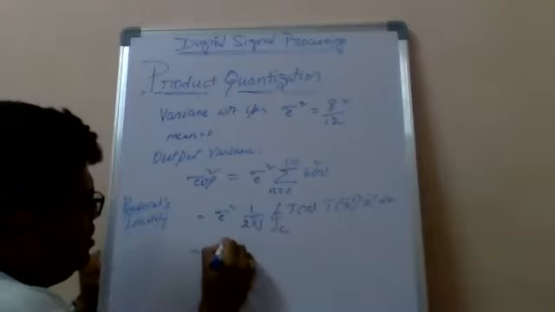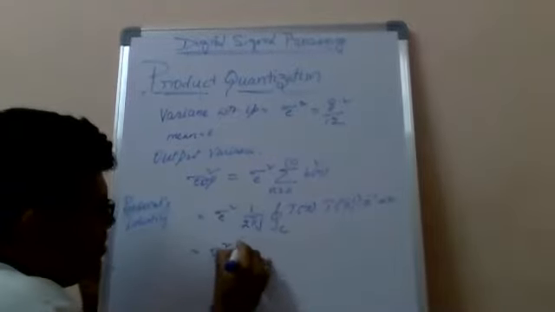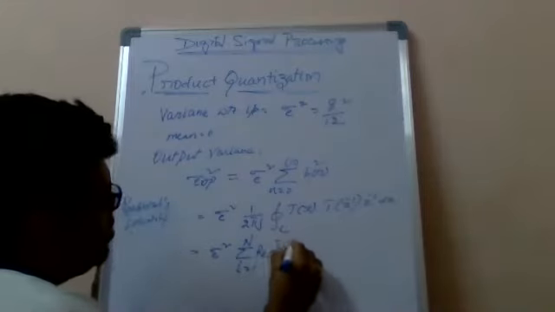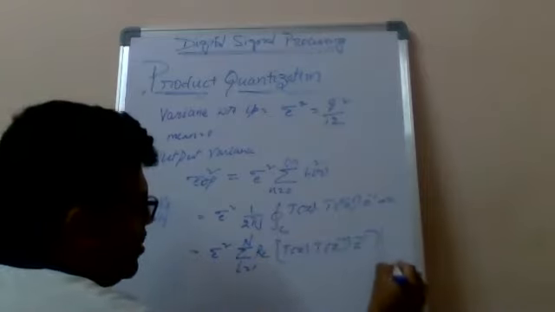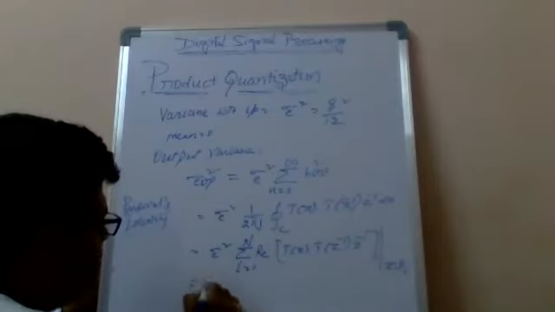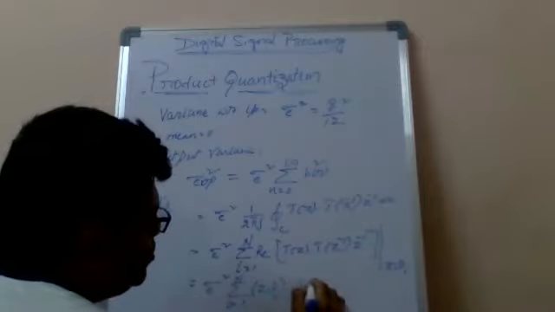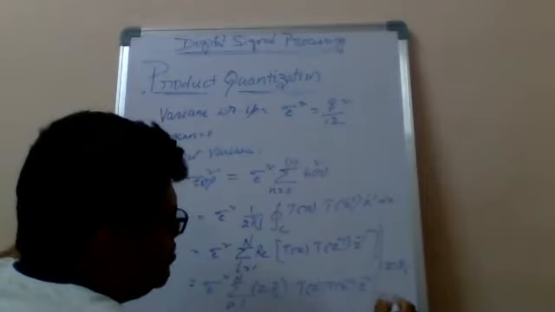So this is equal to sigma e square into, applying the residue theorem, sigma i runs from 1 to n, of (z minus pi) times T of z into T of z inverse, at z equal to pi.